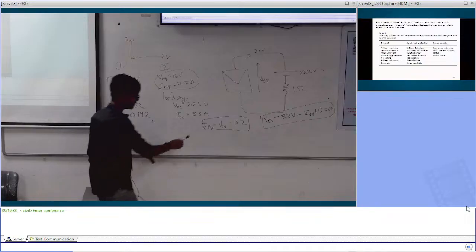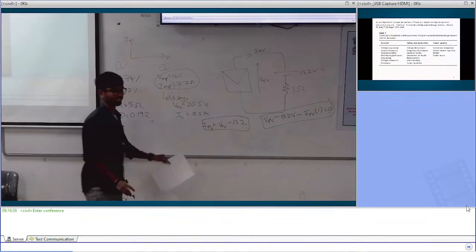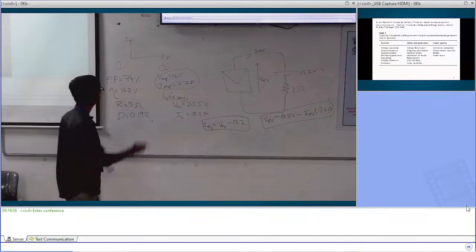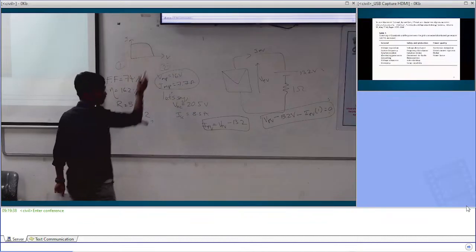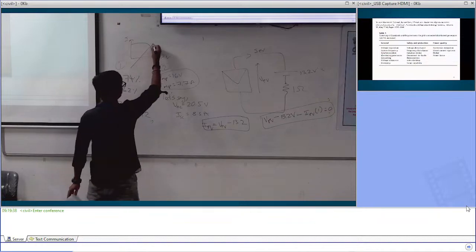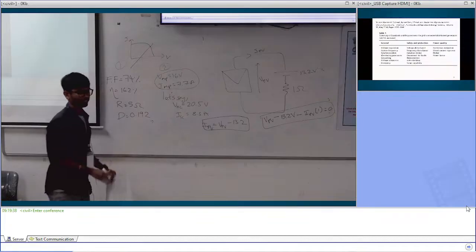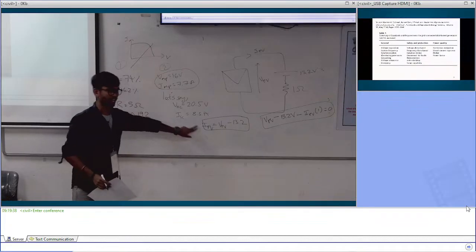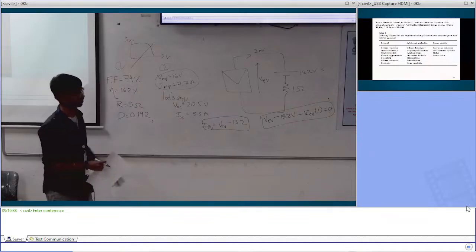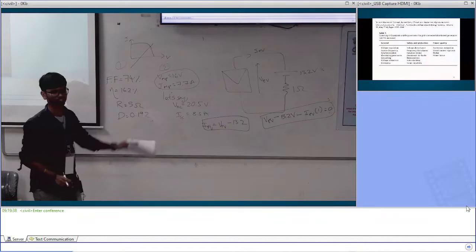So considering this as y and this as x, y equals mx plus c, you get a straight line equation. This is the IV characteristic that you have plotted on the graph, and if you plot this straight line this way, this is the point where the system satisfies the KVL and its IV characteristics as well. This point is going to be its operating point. This is the point where the system actually works.